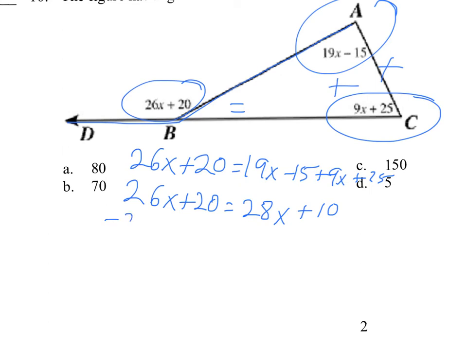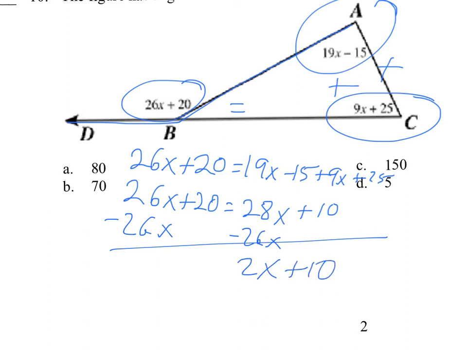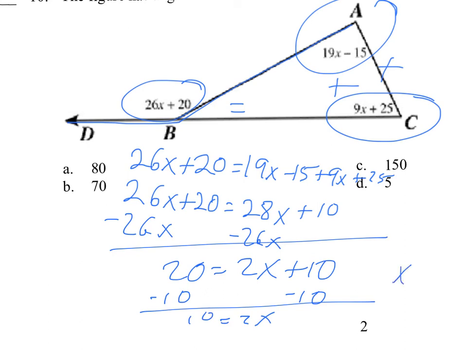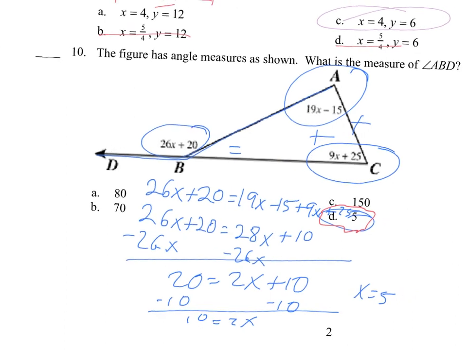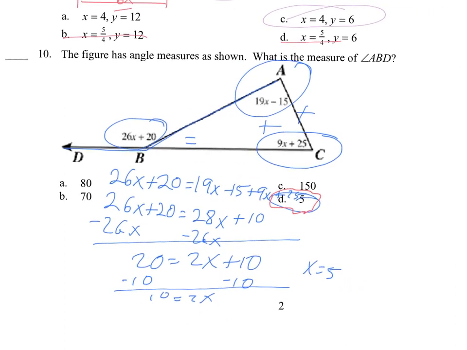So subtract 26x. We get 2x plus 10 equals 20. Subtract 10 from both sides, and we end up with 2x equals 10. Divide by 2, and we get x equals 5. Be careful, x equals 5 is an option, but that is not the answer here, because remember that the question says, what's the measure of ABD?